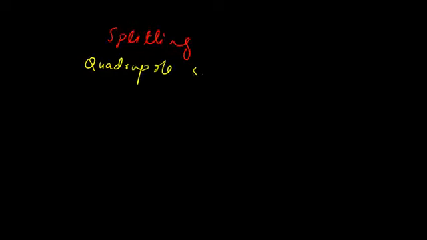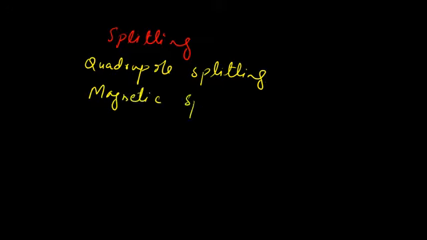So the nuclear splitting, we can categorize it, and basically there are two types of splitting: quadrupole splitting and magnetic splitting.